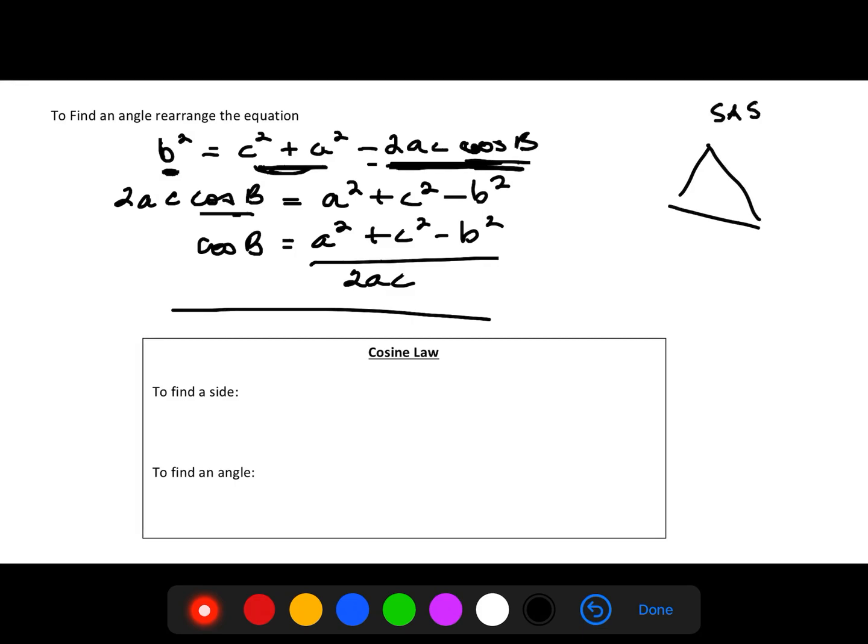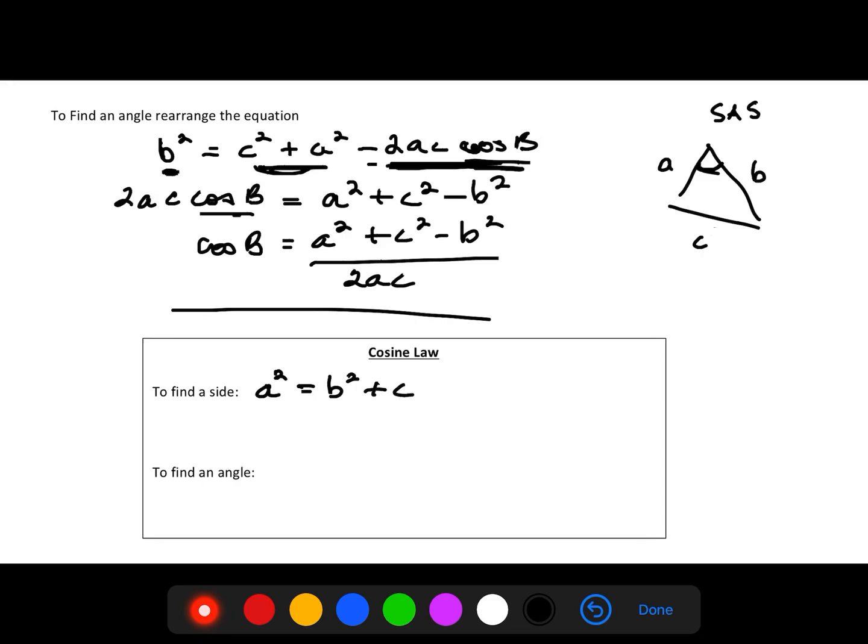And this comes from a case where we have side angle side, and we know this side, and we know this angle. So to solve for the other side, we only have these 3 pieces of information.